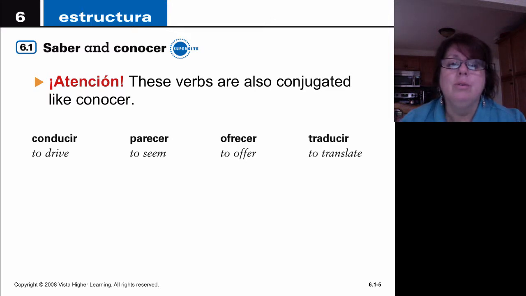So you'd say yo conduzco, parezco, ofrezco, traduzco. So if you wanted to say the yo form of these verbs, you would very rarely say I seem, probably, but you may, for some instances, use that. But the other three, you would use the yo form pretty regularly. And so you need to know to change that to the ZCO.